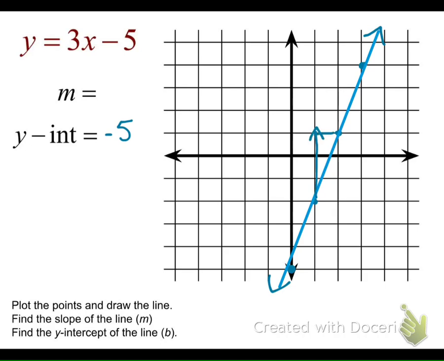That's right. So then my m equals 3 over 1. Because I have my plotted point or my lattice point. I went up 3. That's my rise. And I went over 1. And that's my run. Okay? That should look extremely familiar because that's what we've been working on for the last week.